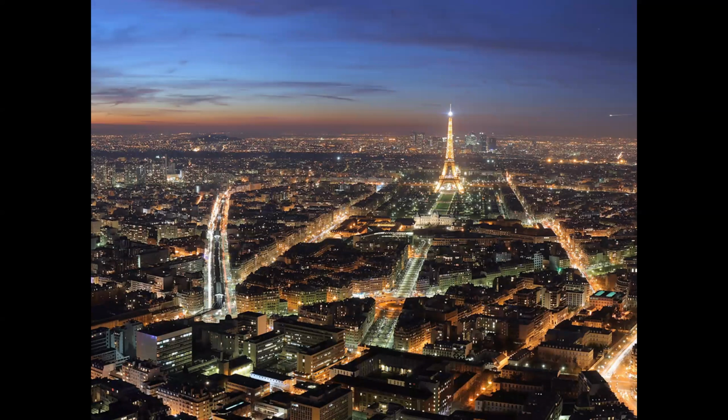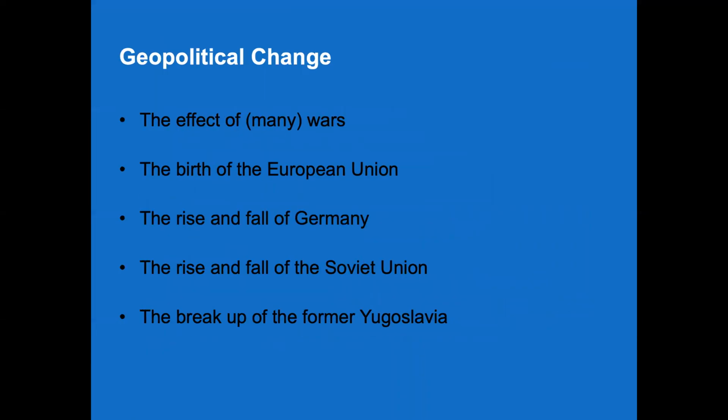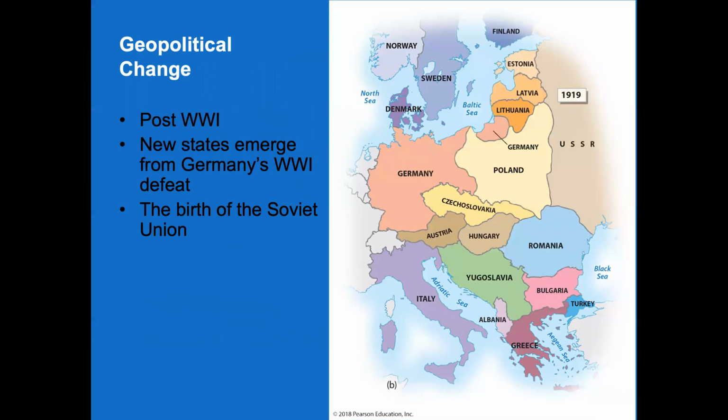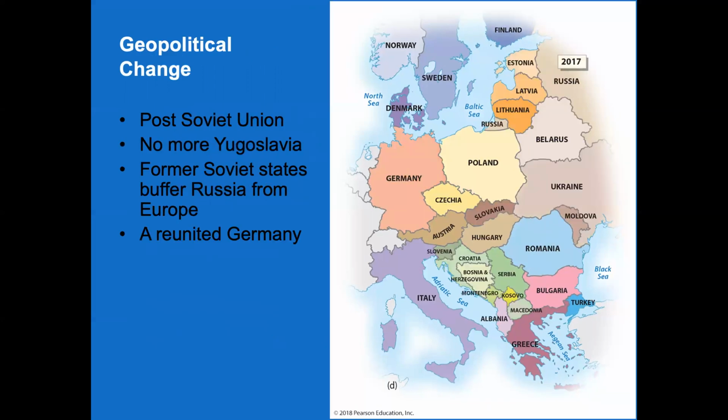Here's a look at a city like Paris, France. We'll talk about the idea of geopolitical change and how Europe has changed from the early 1900s to post-World War I, to post-World War II, to now basically post-Soviet Union and post-Yugoslavia.